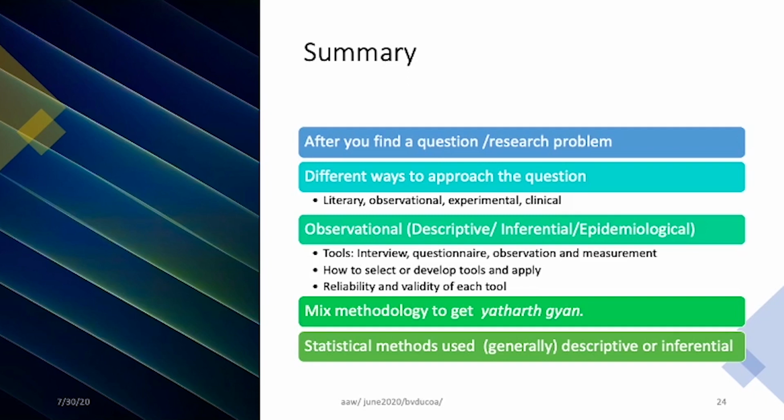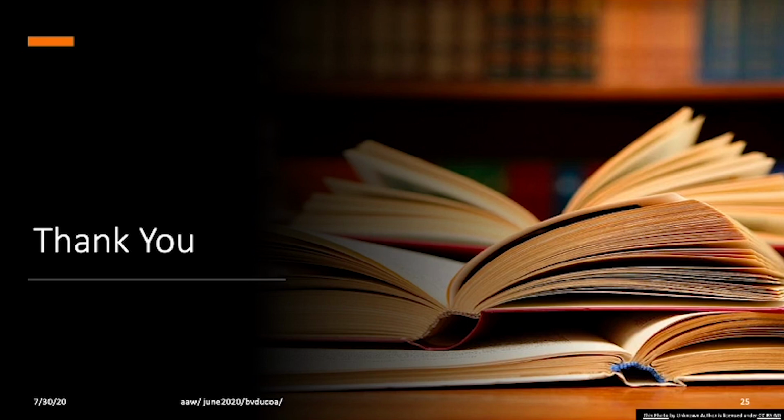We have also seen how to select and develop the tools and apply them. Why reliability and validity of each tool is important and it should be calculated statistically. We have also seen that most researchers prefer mixed methodologies to get yathartha jnana, and the statistical methods used for observational studies are generally descriptive or inferential. With this, I would like to say thank you.